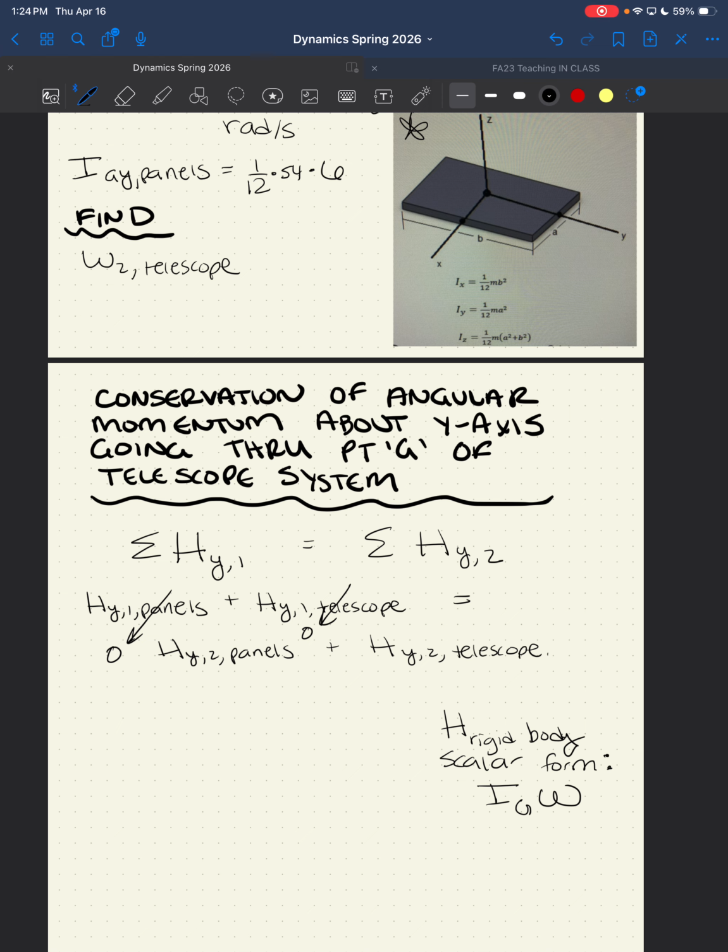If this is 3.85 squared times 11,000 kilograms, that should be our I_Gy for the telescope. Don't forget there are 2 panels.